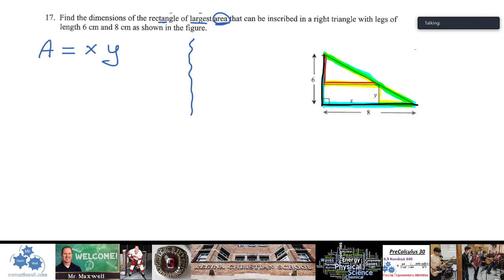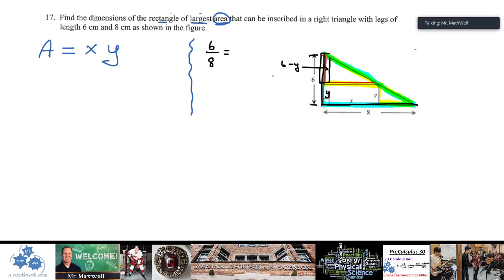Okay? So I'm going to go 6 over 8 equals this length right here. This is the corresponding length. And of course, this is y, and this full length is 6. So this is going to be 6 minus y.